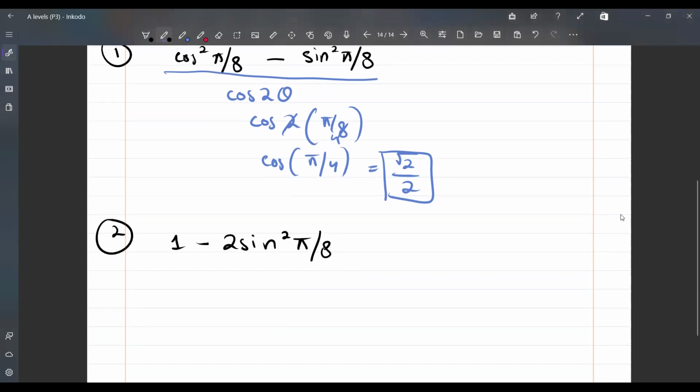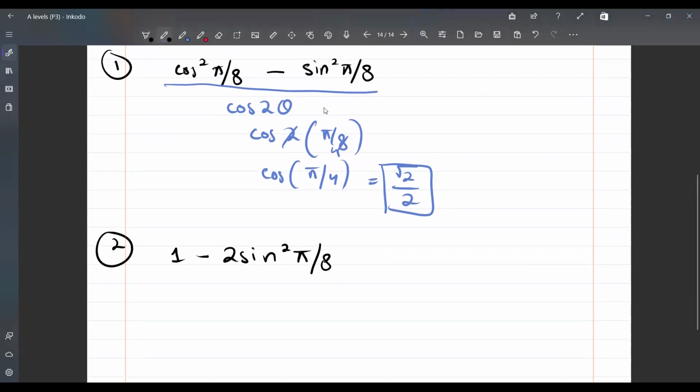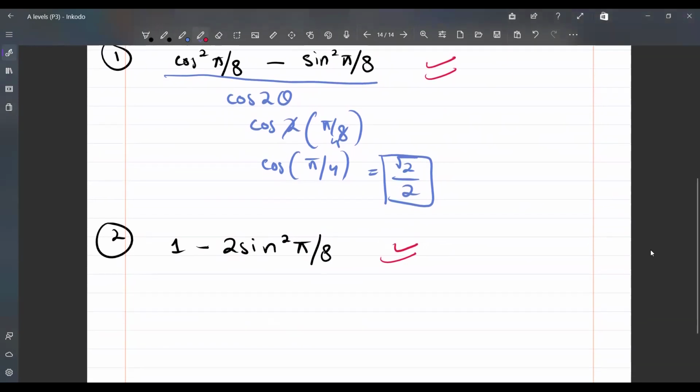This is also cos 2 theta as studied earlier in the identities video.